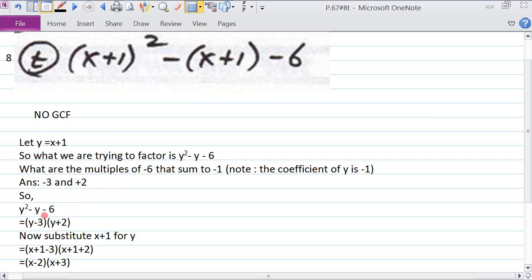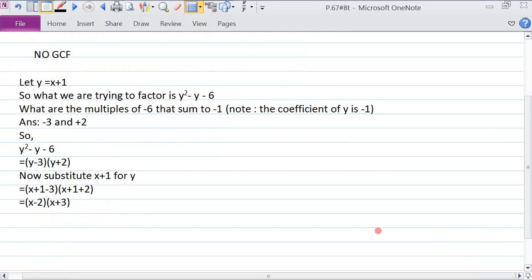So now, instead of writing y squared minus y minus 6, which is what I'm trying to factor, I write y minus 3 here because of that, and y plus 2 because of that. And now I substitute x plus 1 for y.